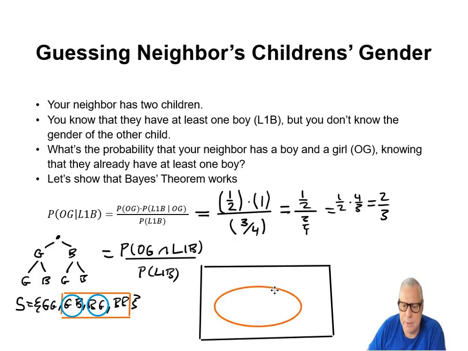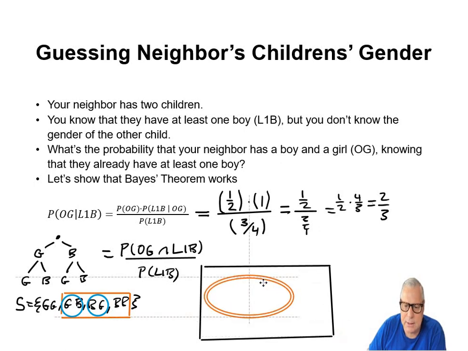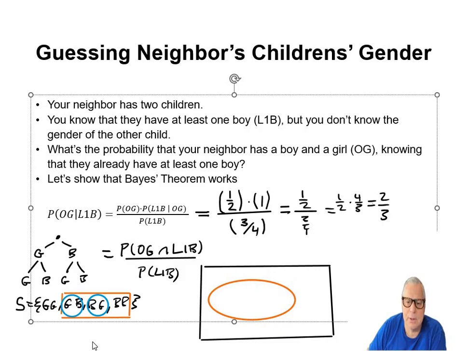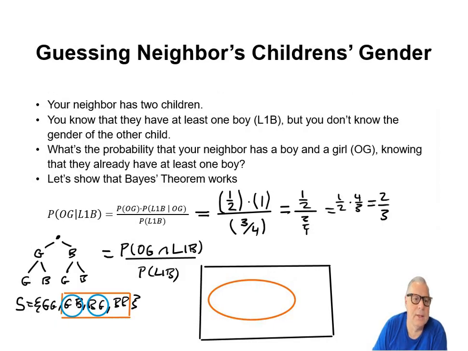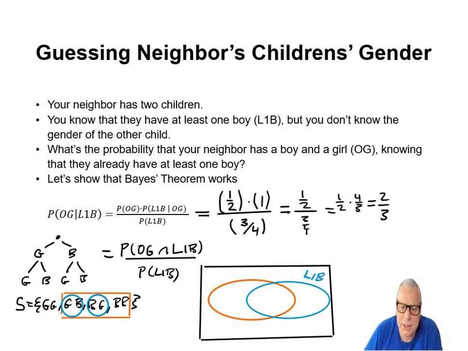Let's call the first one the other is a girl, and in blue, at least one boy. So this is at least one boy, and the first bubble is the other is a girl.